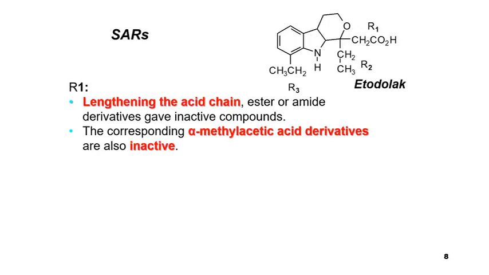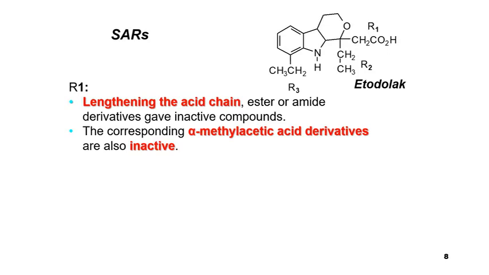The structure-activity relationship of the pyranocarboxylate is discussing the length of the acid chain, or even the ester or amide. They are all inactive when we increase the length of the acid chain or we convert it to the ester or amide.